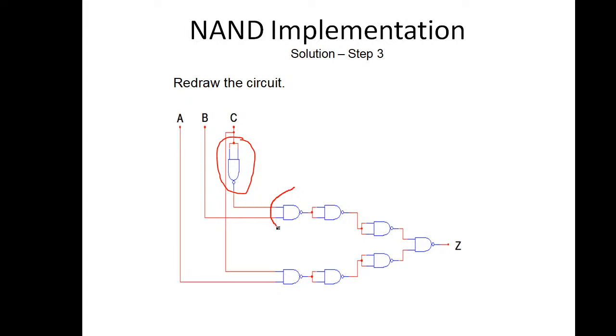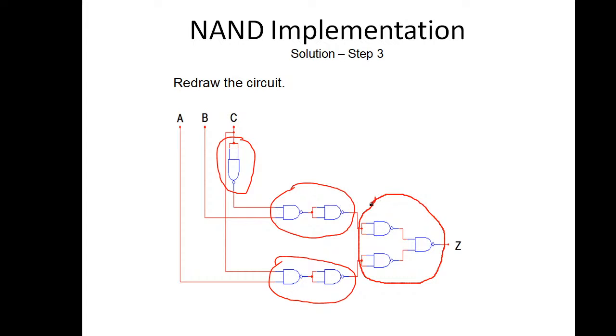If you see it carefully, the AND is replaced by this form of representation, then again the second AND is also replaced by this, and this is the replacement of the OR gate, okay.